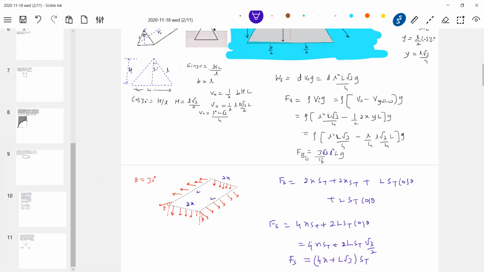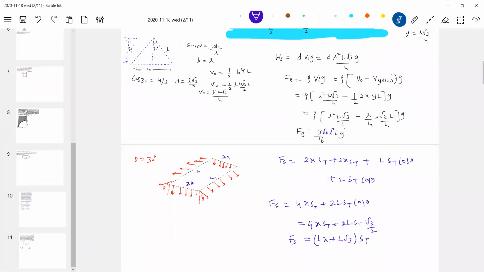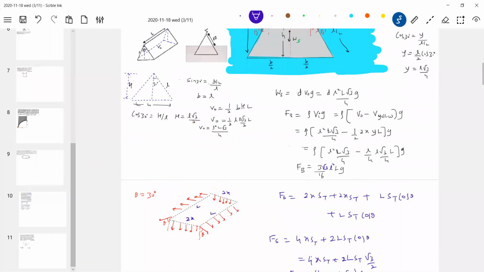Okay, let's equate all the forces. What are the forces that are acting? Four x plus L root 3 ST, I took it outside as common. Somebody is asking about 4ST, what is that? Okay, sir, understood. No, equate forces. So what are the forces?